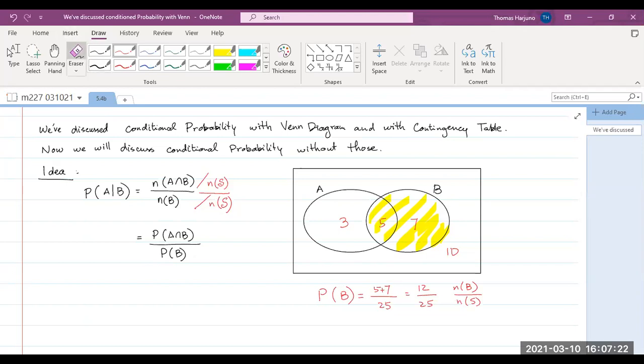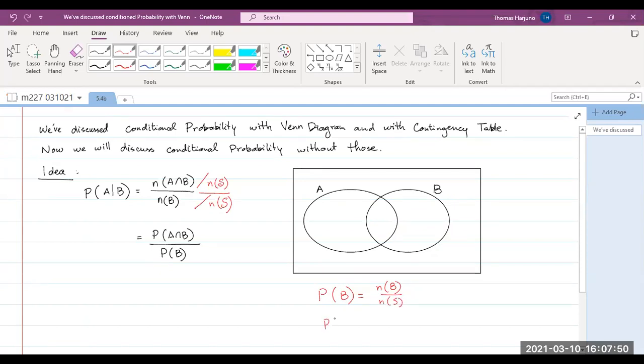Okay, so if we look back, then probability of event B, when we did the Venn diagram, we basically did the number of elements in B divided by the number of elements in the Venn diagram.